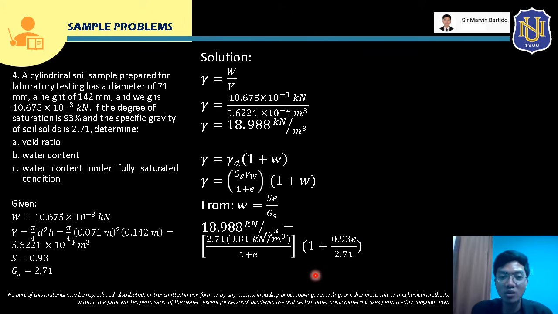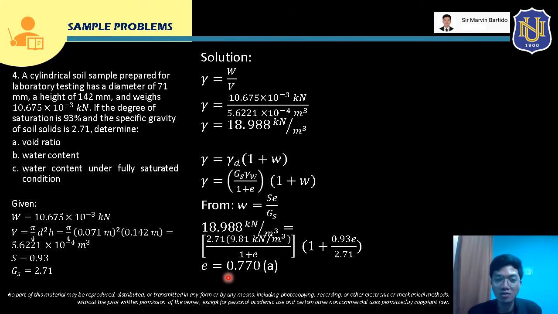So the only unknown here, class, is e. So solving for e, you can use your calculator. Class, solving for e, what comes out is 0.770. You can try that in your calculator. So let's try: 18.988 equal to 2.71 times 9.81 over 1 plus e, where e is unknown, times 1 plus 0.93 over e, 2.71.